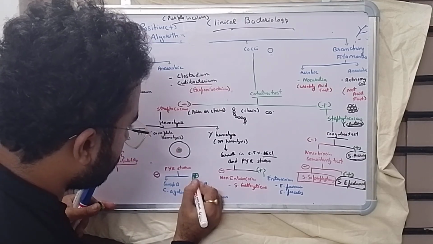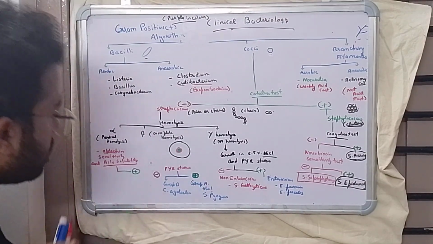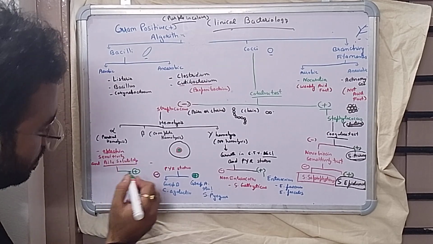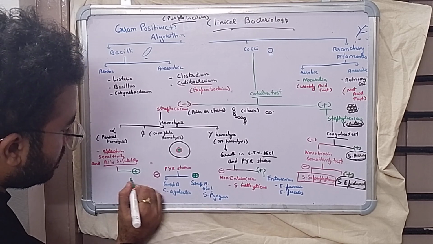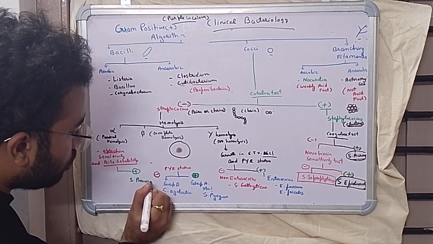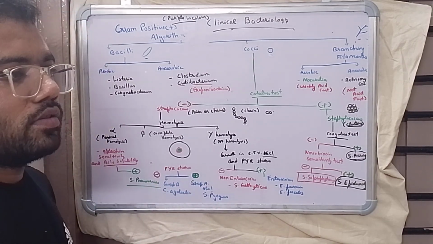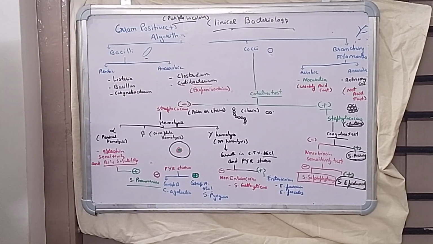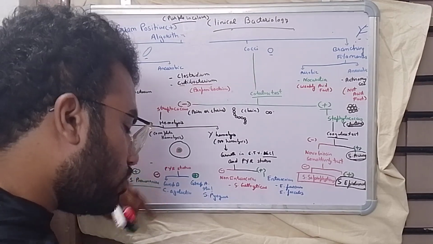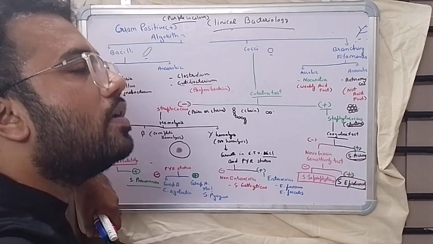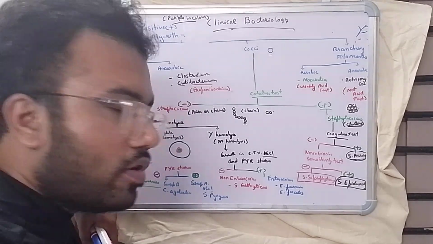So for positive alpha hemolysis, the example will be S. pneumoniae, which causes pneumonia in adults, while group B S. agalactiae also causes pneumonia, but most commonly in children, not adults.